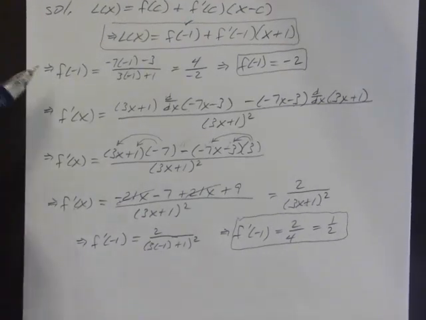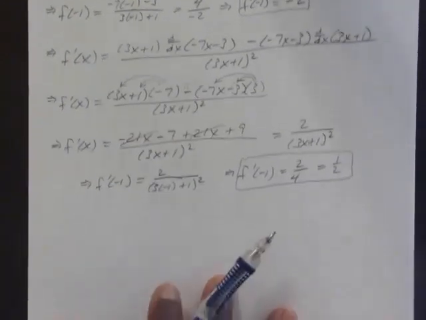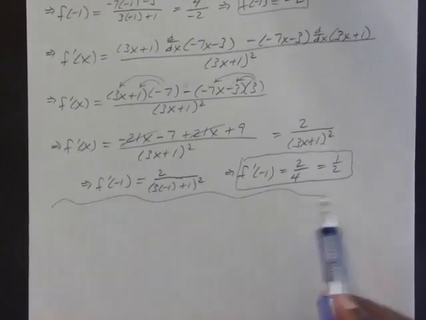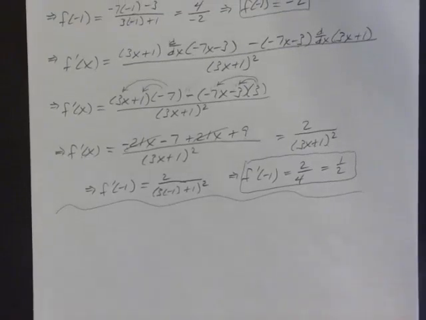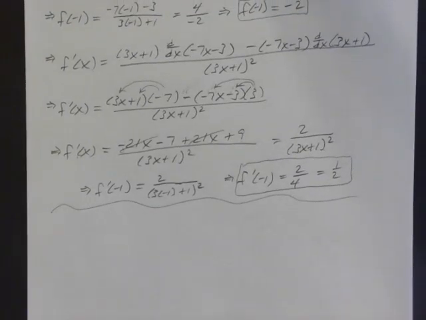So that one was a little bit lengthier than the others. So we can go ahead now, let me separate this a little bit, and plug that into our linear approximation formula.